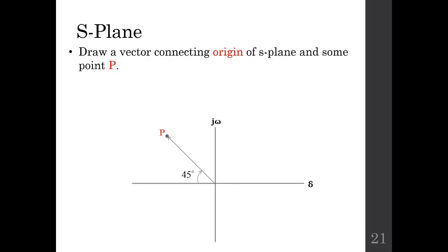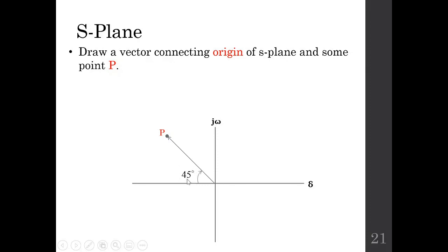Okay, let us solve an example of finding zeta from this S-plane pole graph. You have this vector line connecting the origin to this point P. Now this is your pole. What you simply have to do is find out the value of theta in this S-plane.